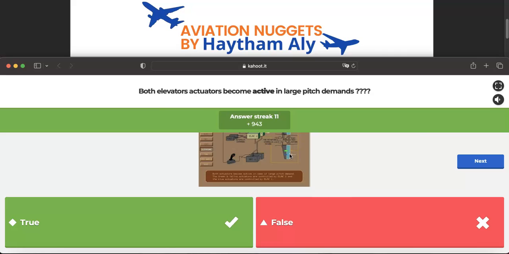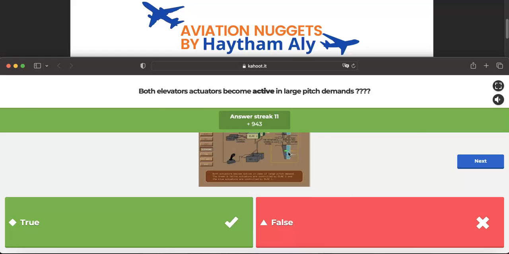But only if a large beta demand is requested by the pilot, that requests the elevator to operate with a high rate.